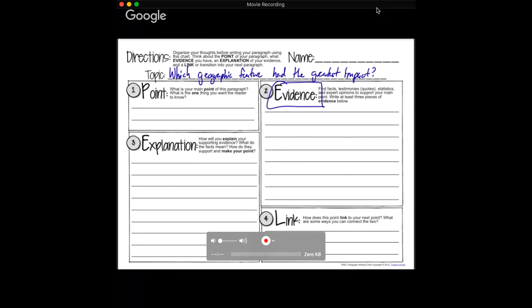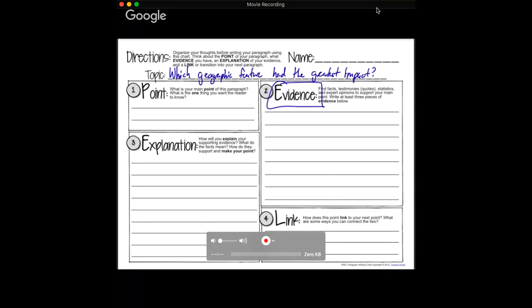It gives you your first reason. The evidence is your text evidence that supports your point. You then explain the text evidence in your own words, and then elaborate on how it proves your point. And then lastly, you write a link sentence, and that link is kind of your closing statement, the way you end the paragraph and start the next one, or link it back to your claim.